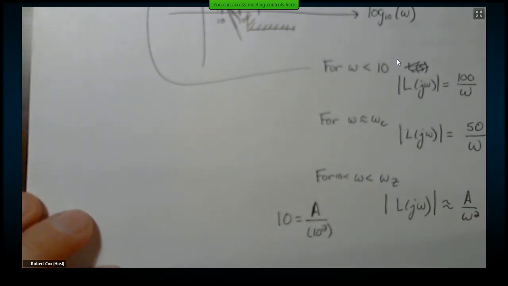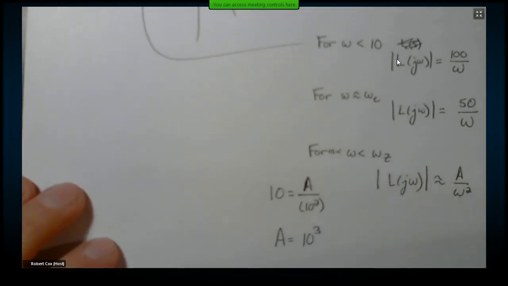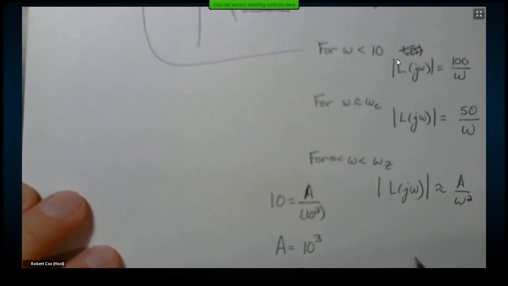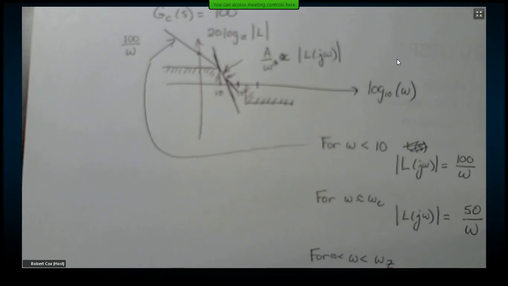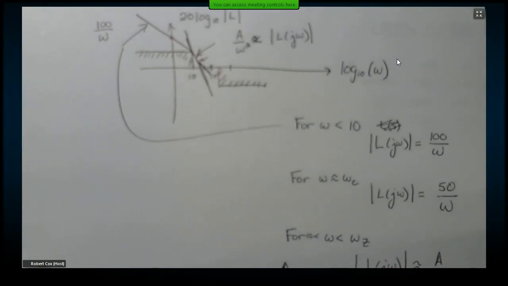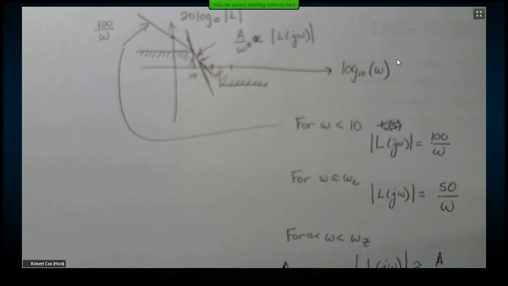Okay. So, right, just plugging in omega equal to 10 in the bottom, setting this whole thing equal to 10, means that A is 10 cubed. Okay? So I know that this asymptote in here has to be 10 cubed over omega squared. All right? So I've got that down.